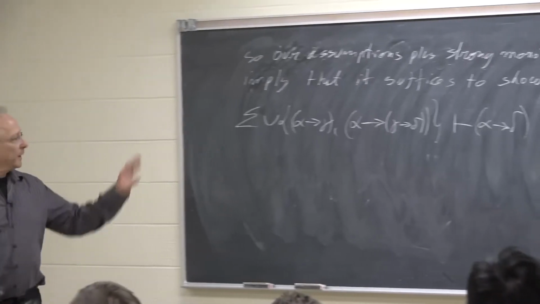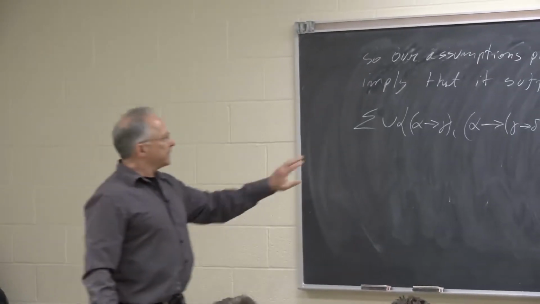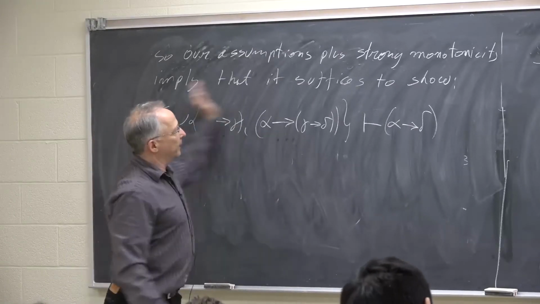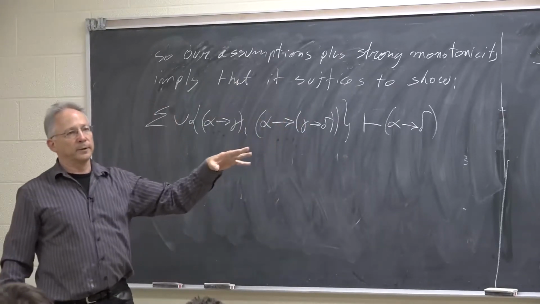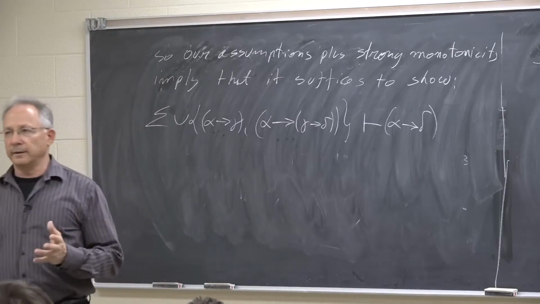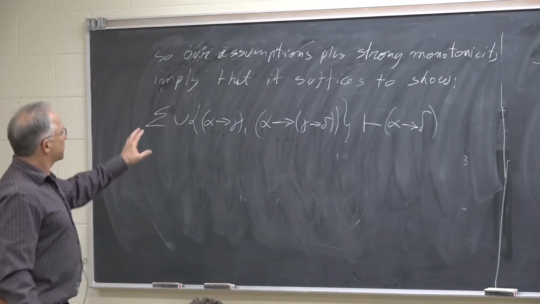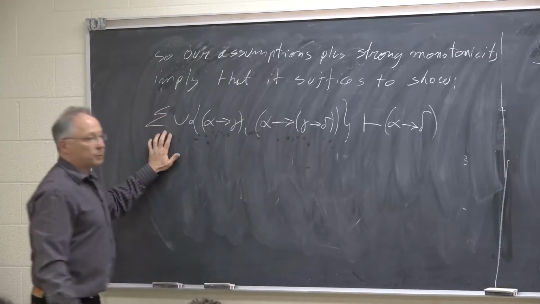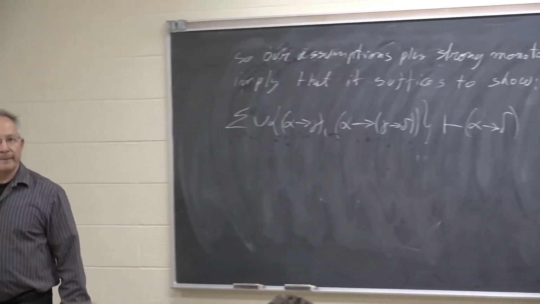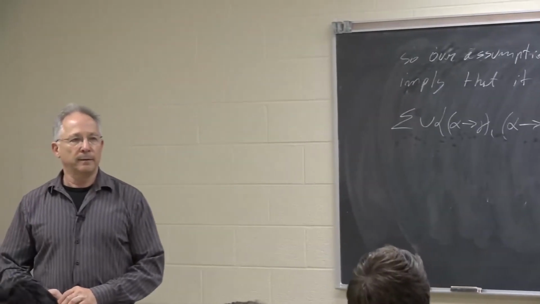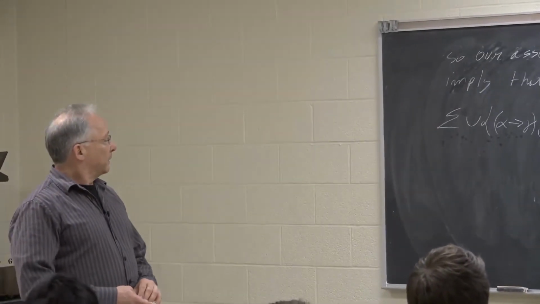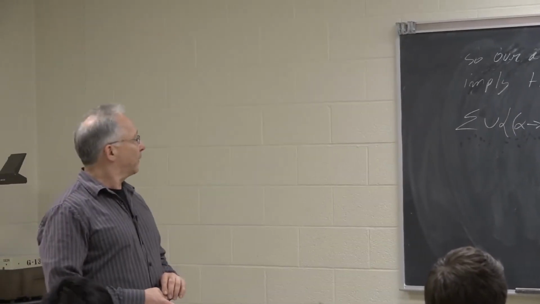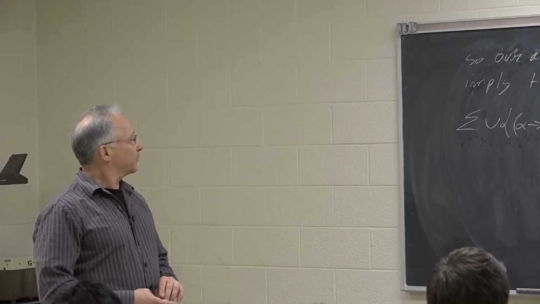I wanted to show that sigma can prove it. But since I assume that sigma can prove these guys, everything that the big set can do, sigma can do. That's strong monotonicity. Sigma is as strong as all of those guys, because it can prove this guy and can prove this guy and can prove everything in sigma. And now this is just an application of one of our axioms.